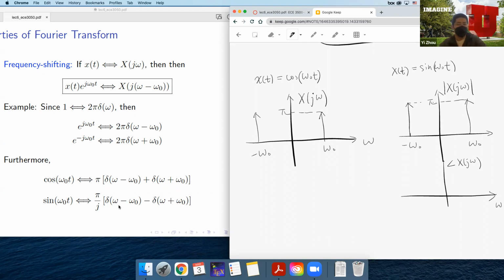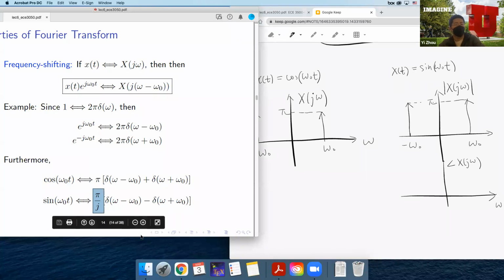We can see that at omega naught, the phase part. Okay, so we are looking at the phase of this complex number. Now, this is basically multiplying by j, this gives negative j pi. So this is a complex number with only the imaginary part, and the imaginary part is negative pi.